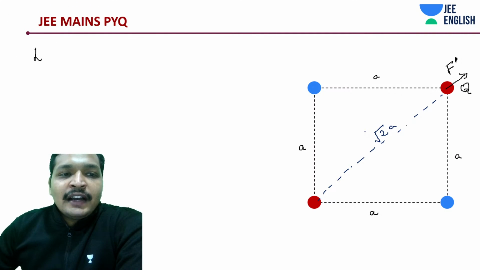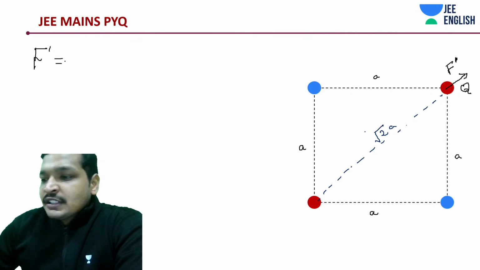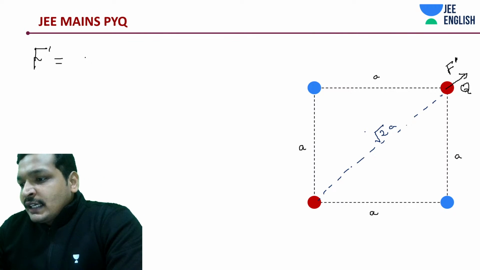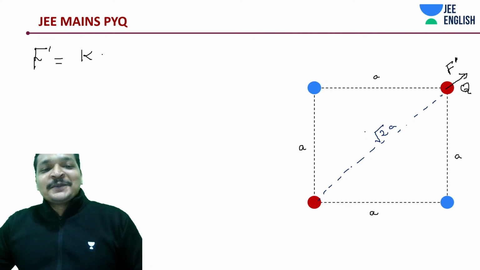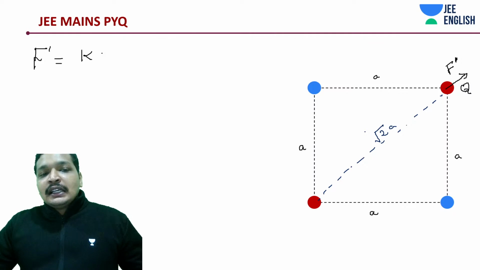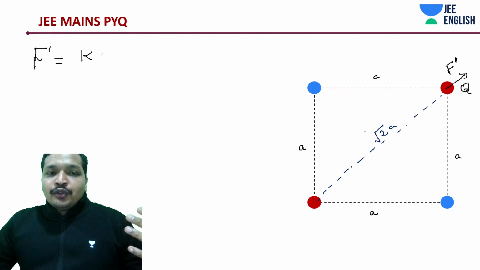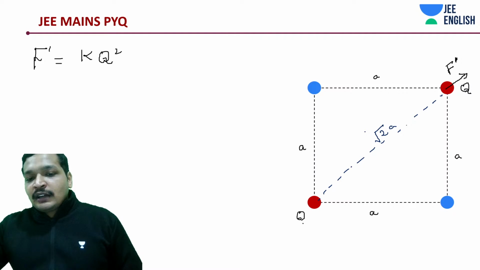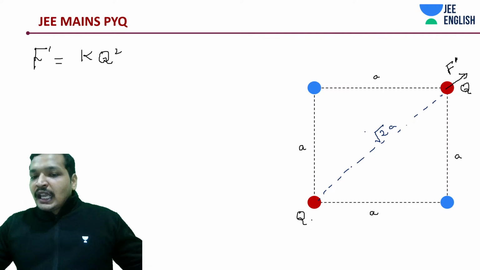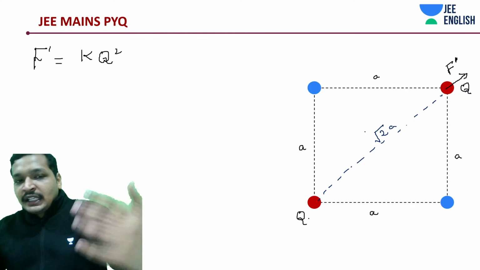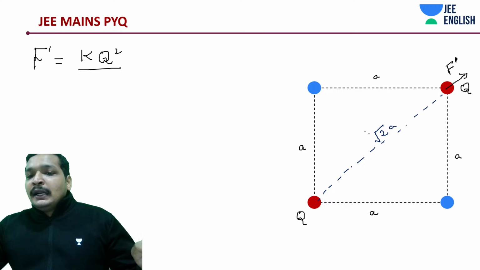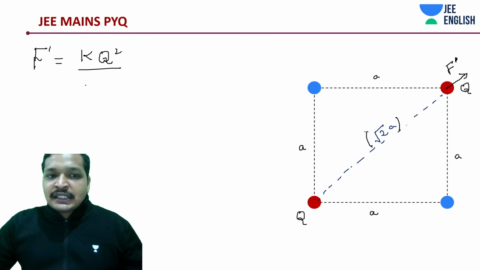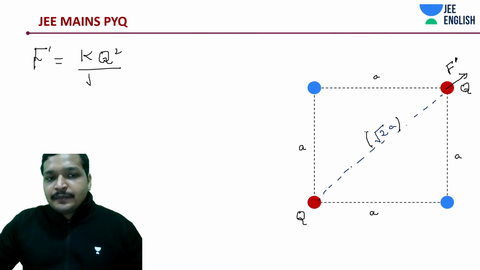What is the value of f dash? Hi Syed, hello, good evening. What is f dash? It's going to be KQQ, so it's basically KQ square, between this Q and this Q that we are discussing right now. KQ square along the diagonal direction divided by root 2a whole square, which is nothing but 2a square.